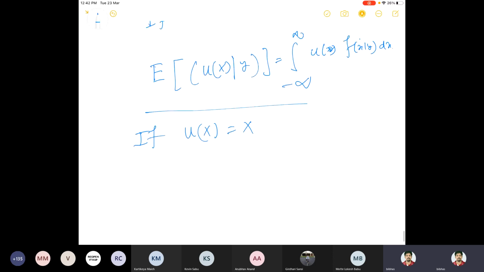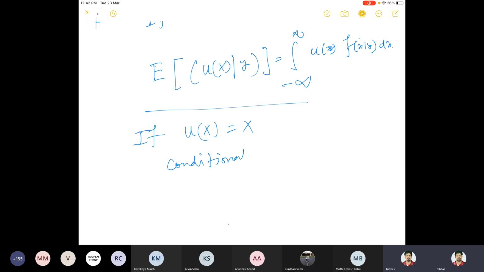Okay, so if u is equal to x, this is called the conditional mean, and this is denoted as mu of x given y. So this is nothing but the expectation of x given y.